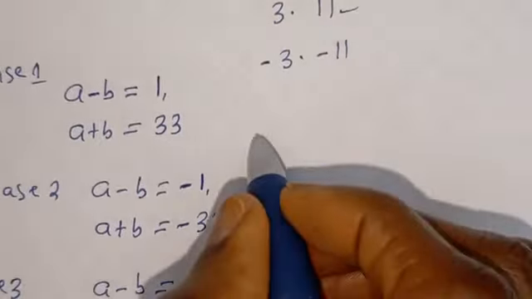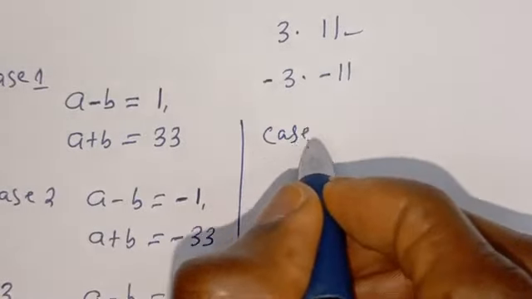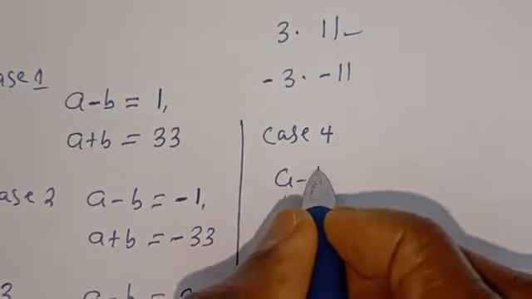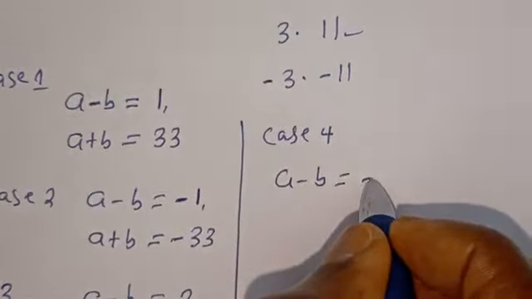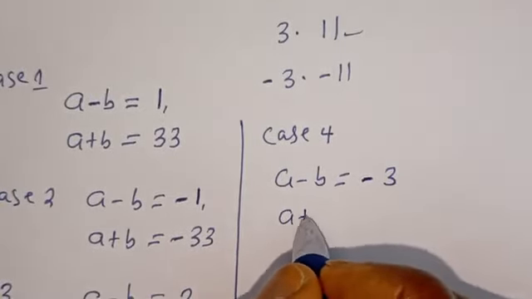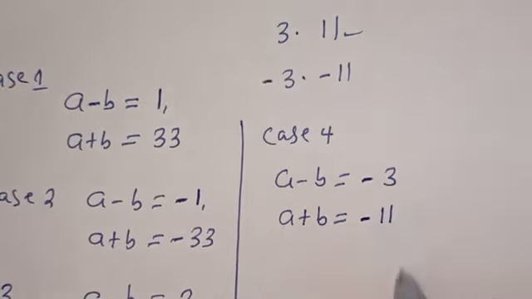Now the fourth case, case 4: a minus b will be equal to minus 3, then a plus b is equal to minus 11.